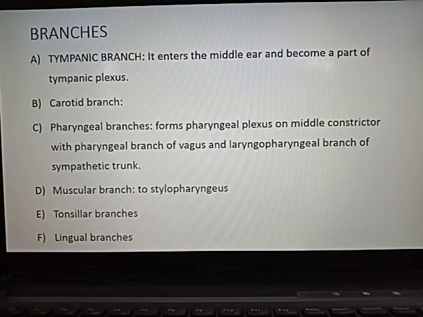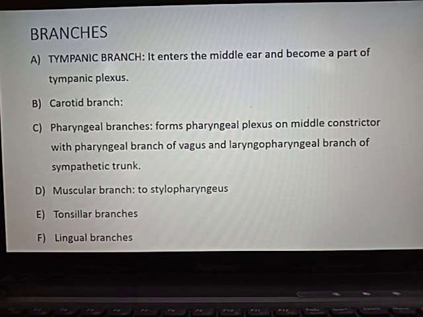Then come to the next slide, branches. At first, the tympanic branch enters the middle ear and becomes a part of the tympanic plexus. It joins with the caroticotympanic nerves forming the tympanic plexus. Then the carotid branch supplies the carotid sinus and the carotid body.